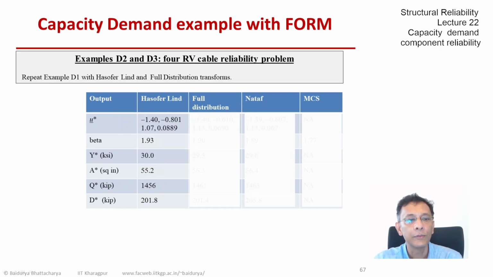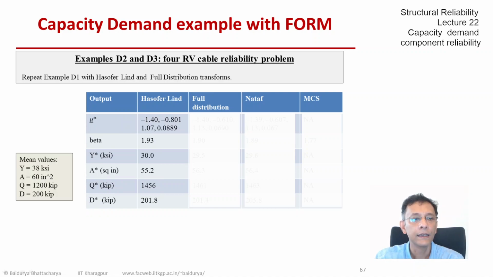Our beta comes to about 1.93. What we had before in the Nataf was 1.89. So just a little bit of overestimation of the reliability. The design values are roughly very similar as we stated in the previous slide. If you compare to the mean values, you see that Y and A are below the mean, D and Q are above the mean, D is slightly above the mean.